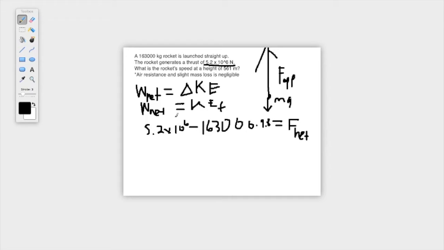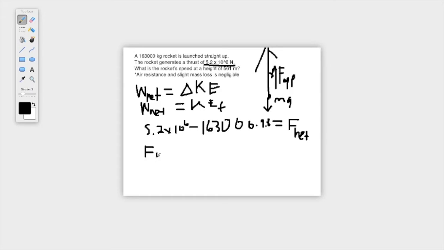Then we're going to take this calculated value and multiply it by the displacement. Since the displacement and the force are in the same direction, the angle is 0. What I mean is, since the force and displacement are completely parallel, the angle that the work goes through is 0.